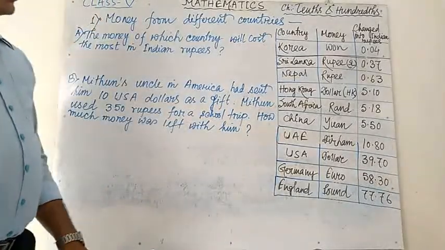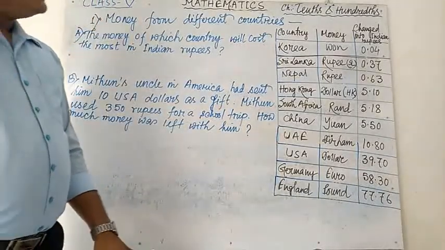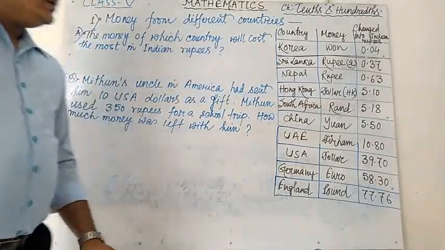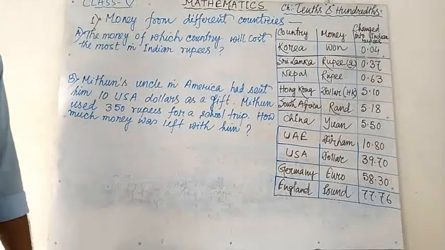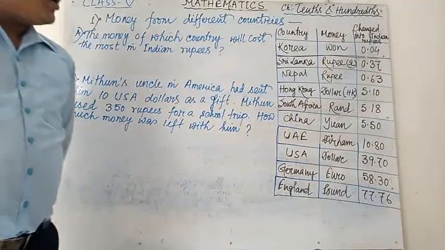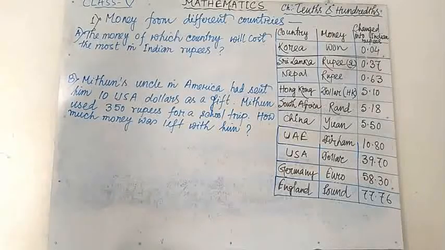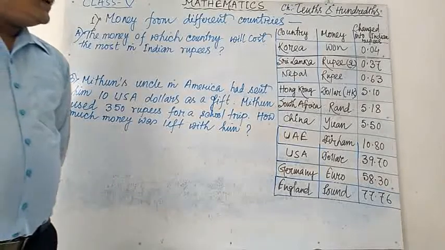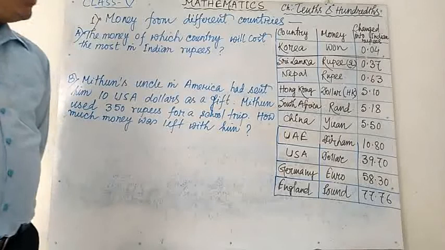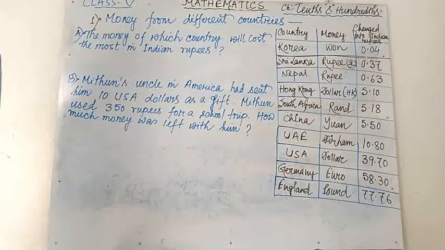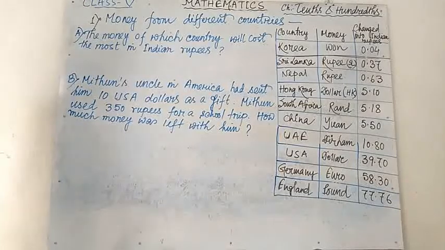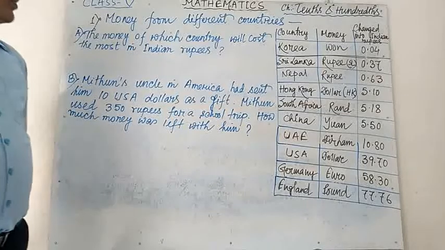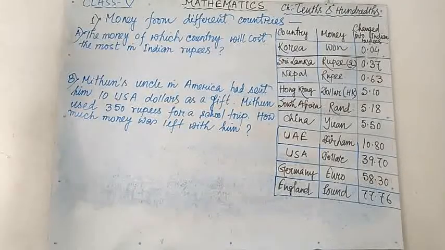China, yuan 5.50. UAE, dirham 10.80. USA, dollar 39.70. Germany, euro 58.30. England, pound 77.76. So question number 1, the money of which country will cost the most in Indian rupees?